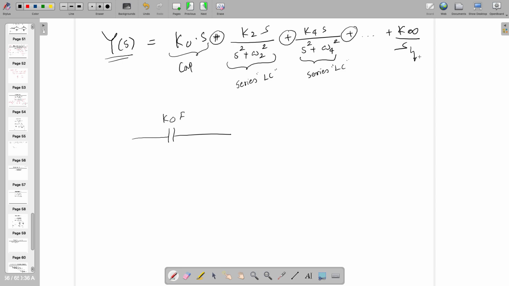And this one is an inductor. Okay, 1 by K, 2 divided by square.